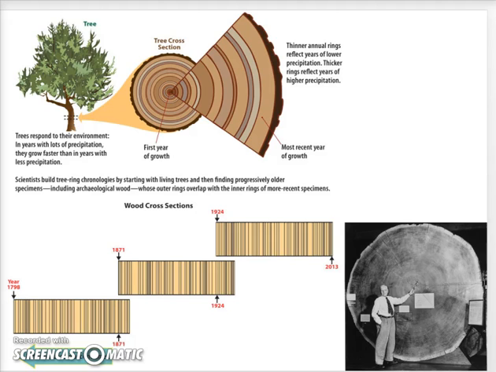So, when an archaeologist finds a well-preserved piece of wood, say a roof beam from an ancient penthouse, dendrochronologists prepare a cross-section and then match the annual growth rings on the specimen to those in the already established chronology to determine the year the tree was cut down.